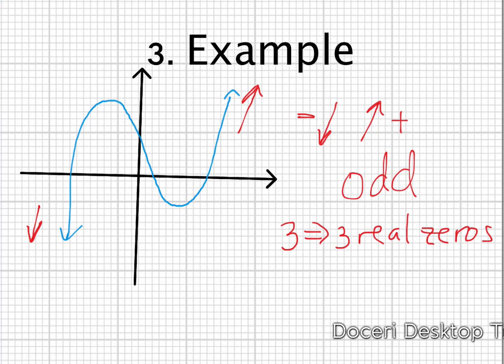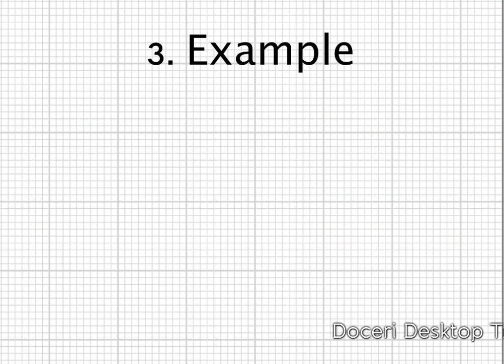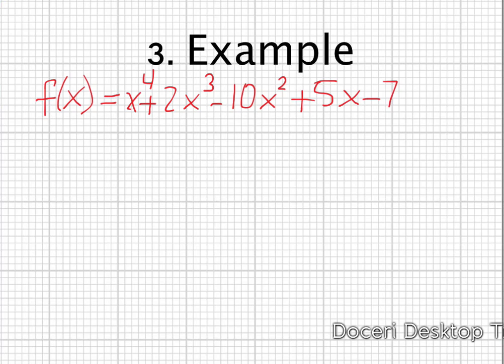Lastly, let's look at an example using synthetic division. Almost done. No, this is a long video. I apologize. I'm trying to work on it. So let's say I have f of x equals x to the 4th plus 2x cubed minus 10x squared plus 5x minus 7.